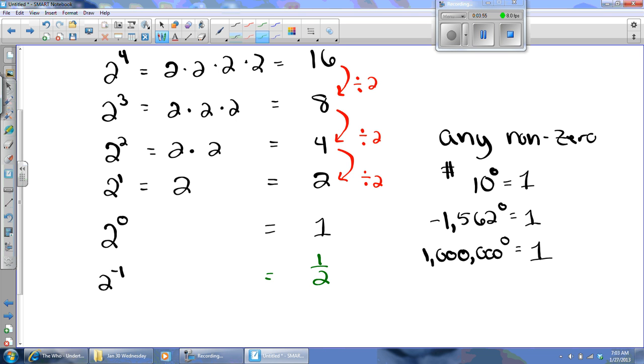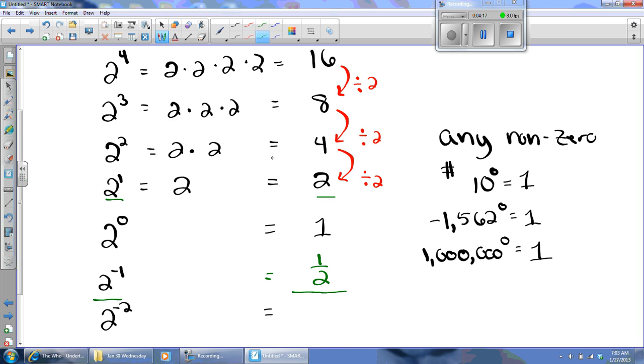How about 2 to the negative second power? Let's take a look at something here. 2 to the first was 2. 2 to the negative first was 1/2.